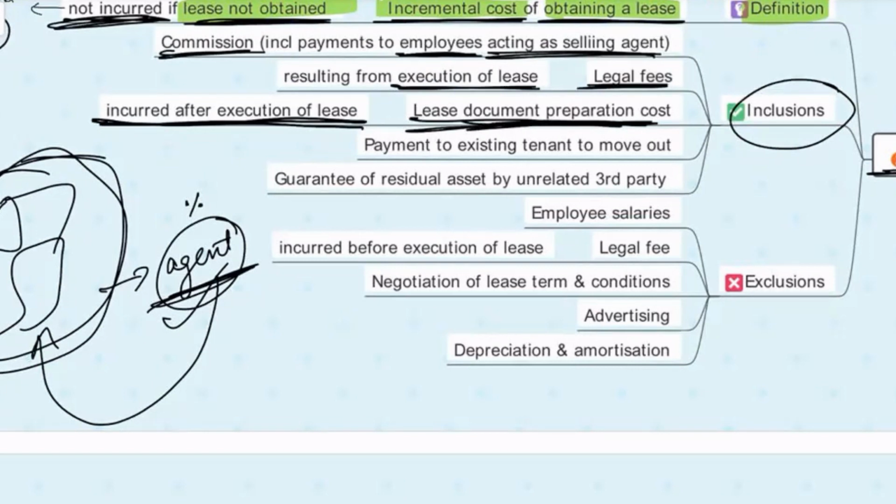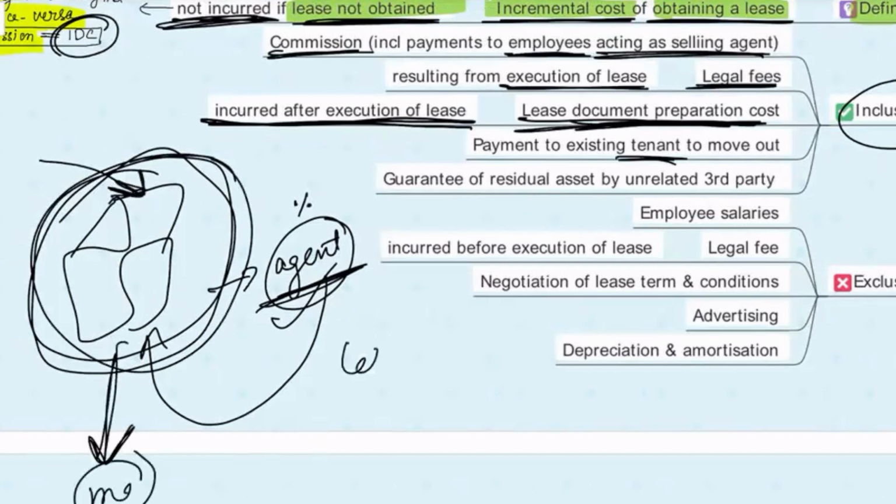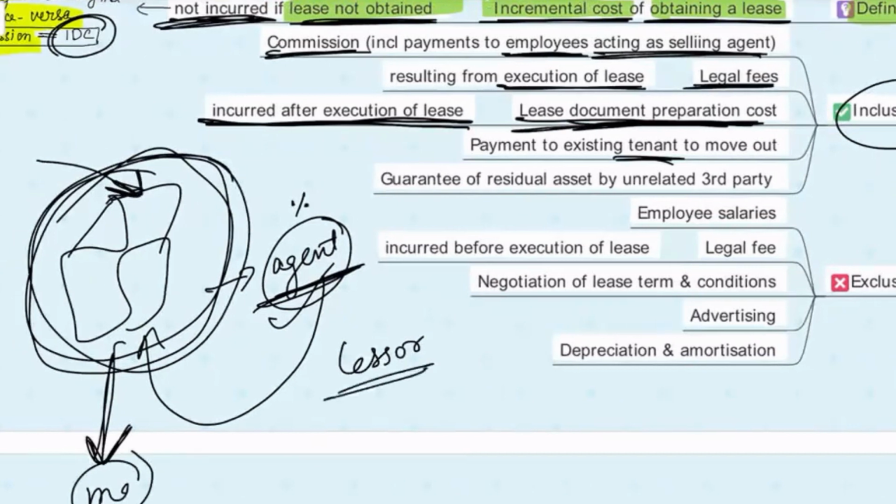Then the next is if there is any tenant, okay, suppose this Pani Puri shop, this agent, I have found out a Pani Puri shop. But what happens is that already one more person was using this Pani Puri shop. Now, to give this Pani Puri shop to me, what the lessor does is that we are making an extra payment to the lessor, so that he throws out the person who is existingly using that shop and helps us to come into this shop.